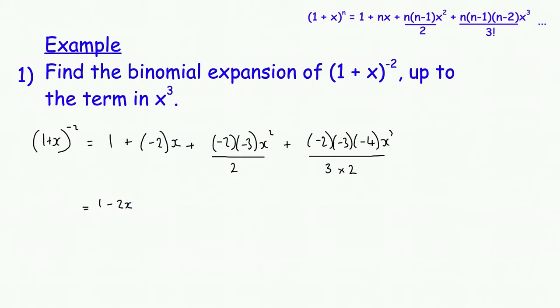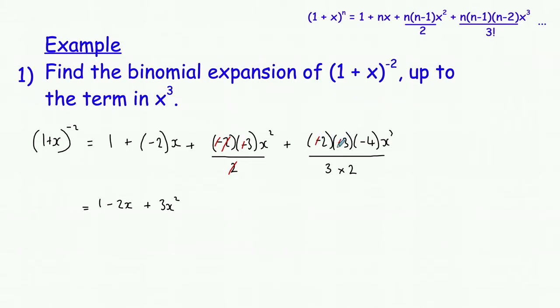Right, let's look at the third term. On the top of my fraction, I've got 2 minuses which I can cancel. I've also got a 2 on the top and a 2 on the bottom. That's going to cancel as well. So that's going to leave me with positive 3x squared. The next term, is it going to be positive or negative?